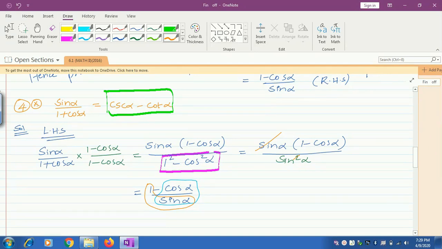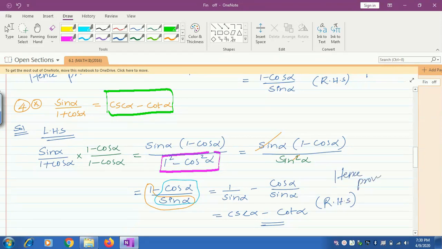Here you will find this is equal to 1 over sine alpha minus cosine alpha over sine alpha. So this is equal to cosec alpha minus cotan alpha. This is what is given as the RHS. Hence it is proved.